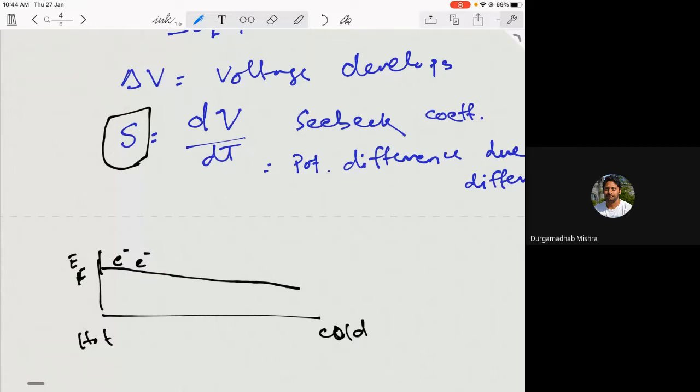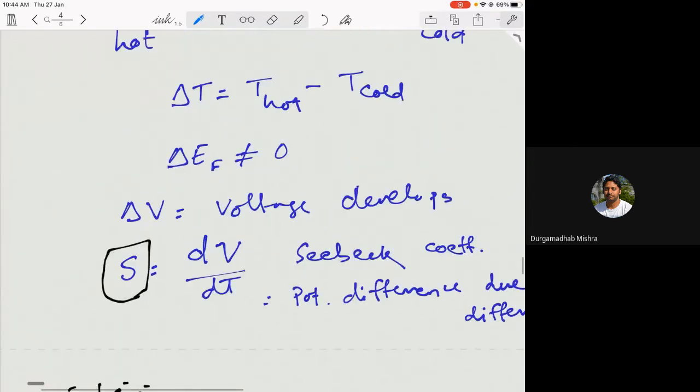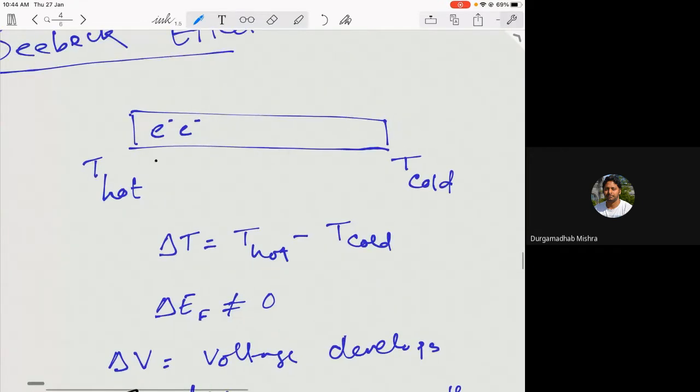You cannot get an external current from it. So if I heat one end, keep the other end cold, and connect an external circuit, will I get a flow of current? No.